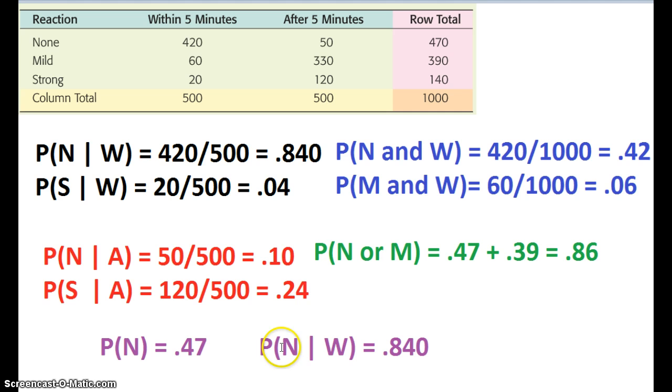The probability of no reaction when they wash should stay 0.47 because washing has no effect on the reaction or not. But this is not 0.47. Because it changes, we can say washing does have an effect on the no reaction. These are not independent. This number is different than this number. So washing must be affecting the chances of no reaction.